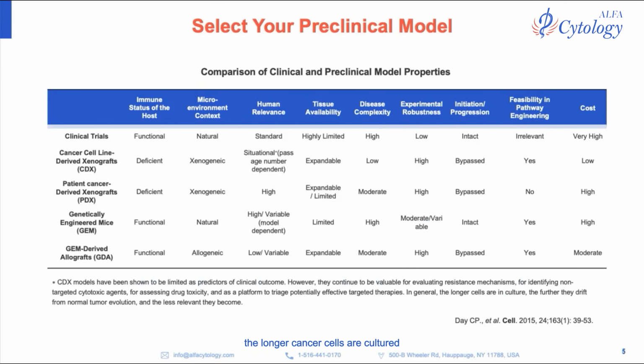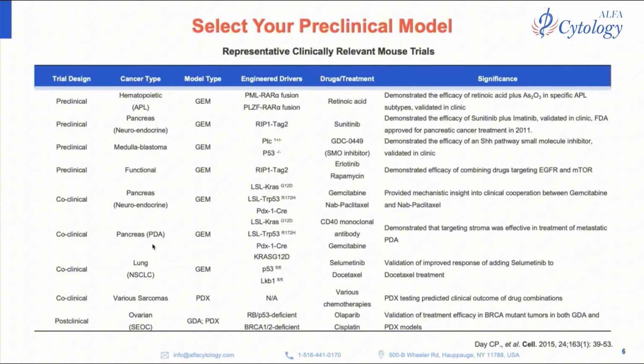The longer cancer cells are cultured, the further they deviate from their original form. However, despite their limitations, CDX models remain valuable because they are efficient and cost-effective, especially when we are screening for potential drug candidates or evaluating non-targeted cytotoxic agents.